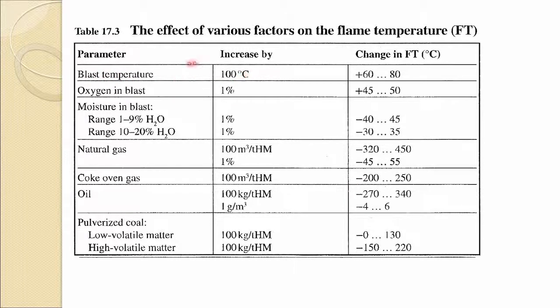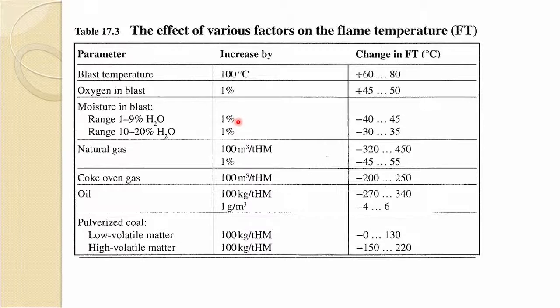So, as you see, if we increase the blast temperature by 100 degrees Celsius, our flame temperature increases between 60 and 80. A 1% increase in oxygen in the blast air gives rise to 45 to 50 degrees Celsius in flame temperature.